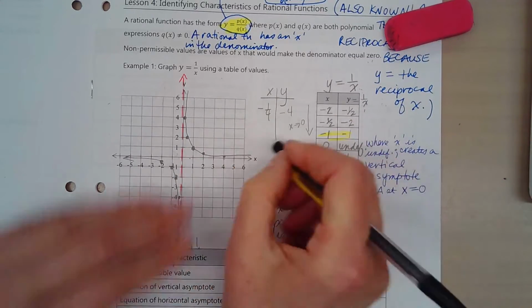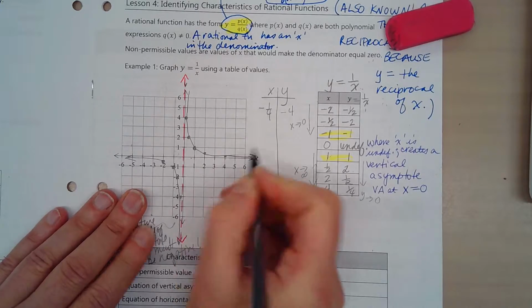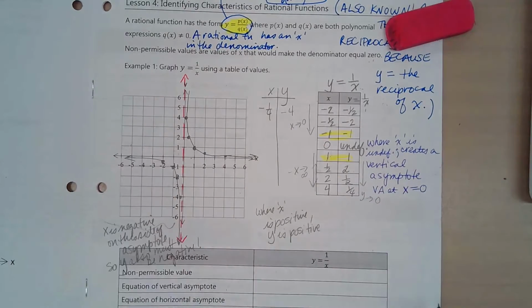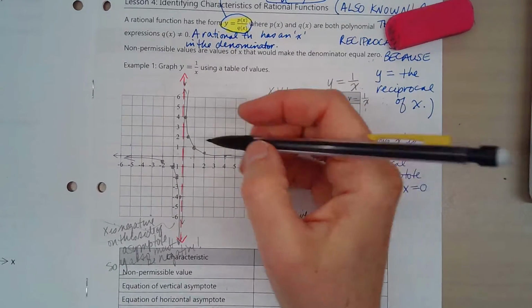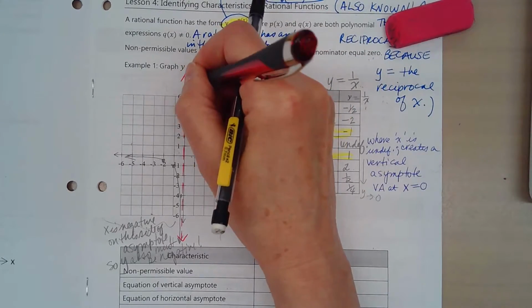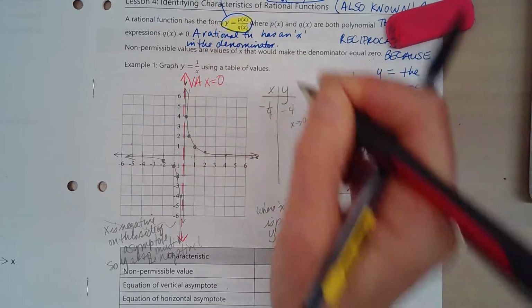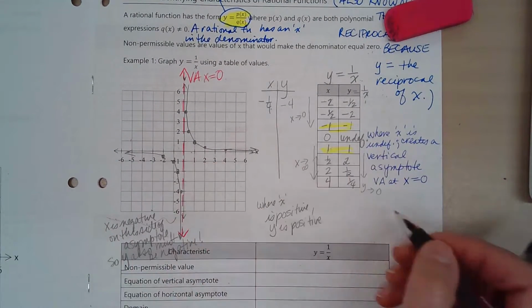Now this is interesting, because an asymptote is defined as a value of x or y that the graph approaches and never reaches. So x equals 0 is a vertical asymptote. Would everyone agree with that? Now, doesn't it appear that the x-axis itself is an asymptote?